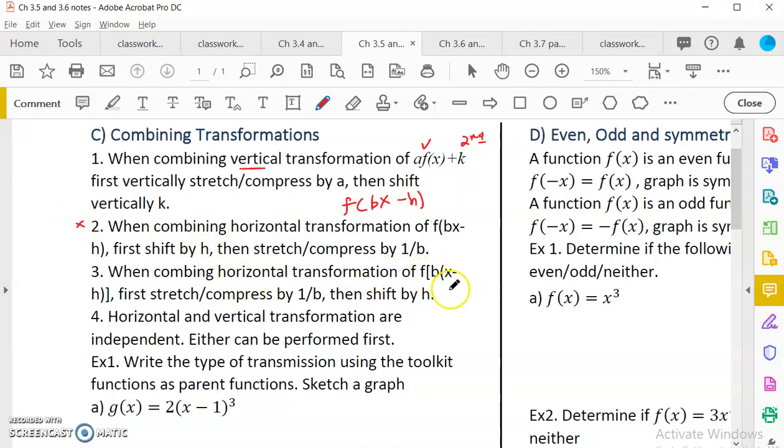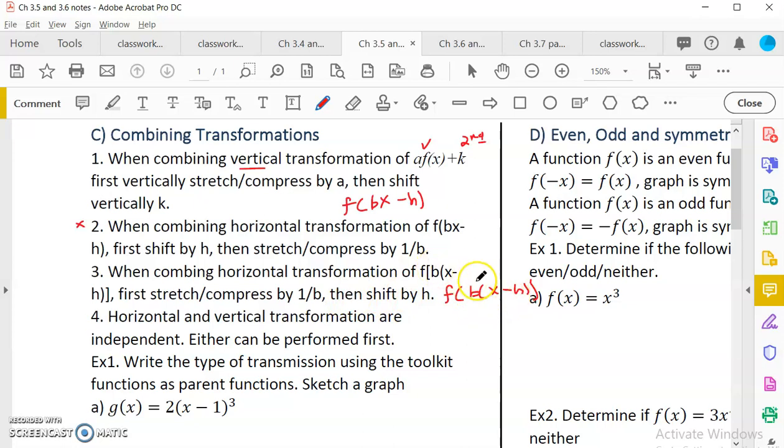We usually factor it so that we have b open parenthesis x minus h. If you see this, then we follow the same sequence that we do with vertical, which is to always do the compression first, which is compress or stretch by 1 over b, right? And then you do the shift.